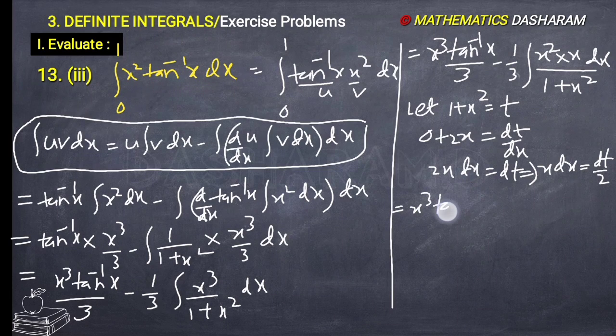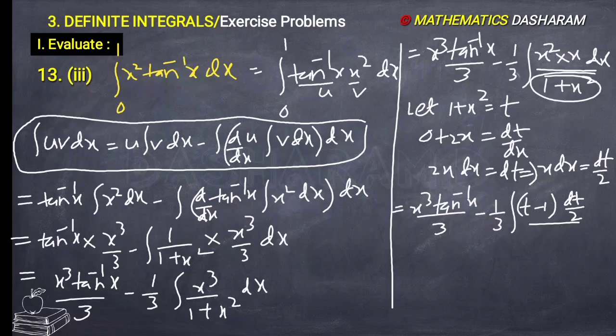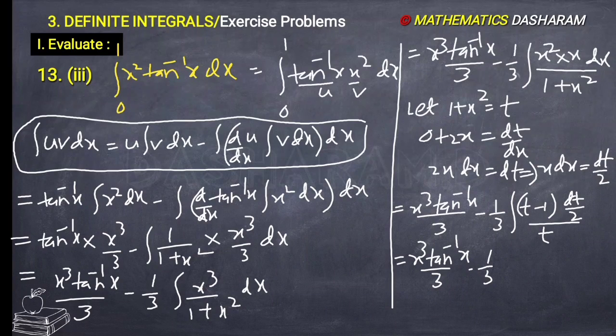x cube into tan inverse x divided by 3 minus 1 by 3 integration. Here 1 plus x square is t, then x square will become t minus 1. Next x into dx, that is dt by 2, by 1 plus x square, that is t. Then it is equals to x cube into tan inverse x divided by 3 minus 1 by 3.